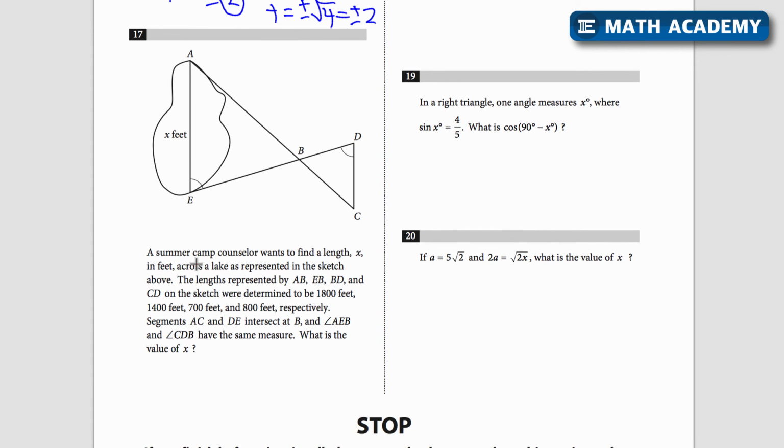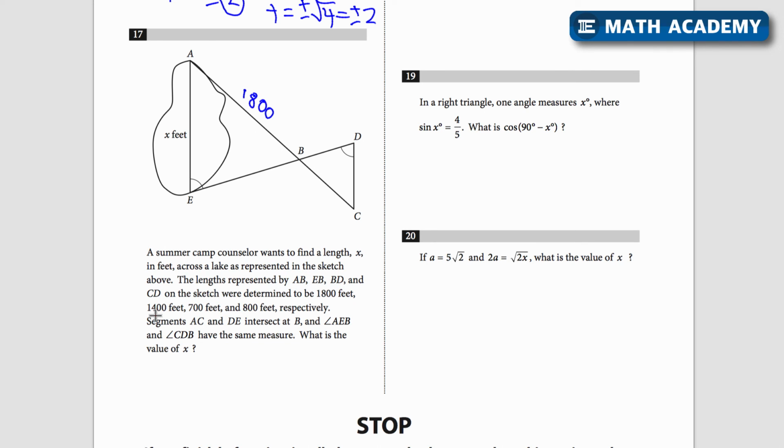17. A summer camp counselor wants to find a length x in feet across the lake as represented in the sketch above. So let's see, here's our x. The lengths represented by AB, EB, BD, and CD on the sketch were determined to be 1,800, 1,400, 700, and 800 feet respectively. I'm going to start marking these in. So AB was 1,800 right here.